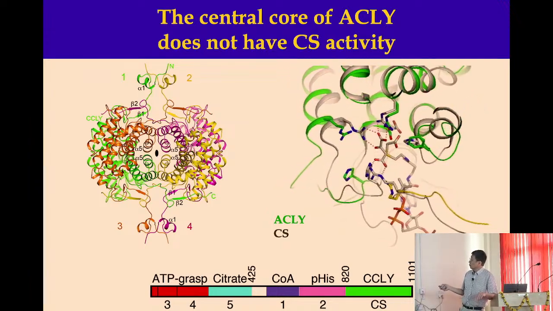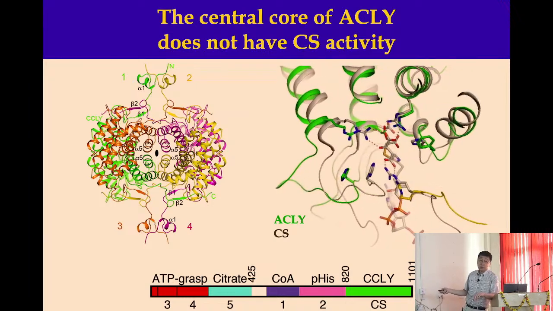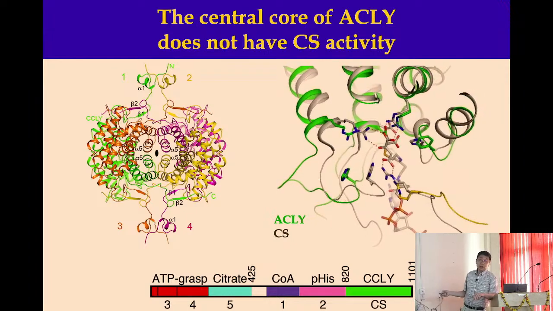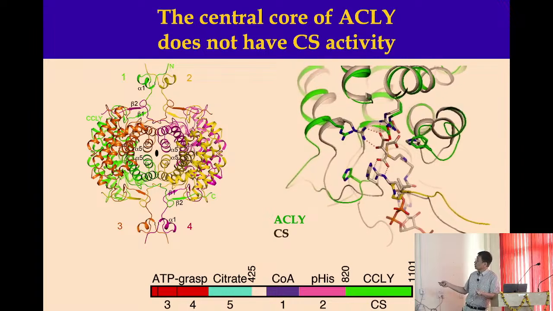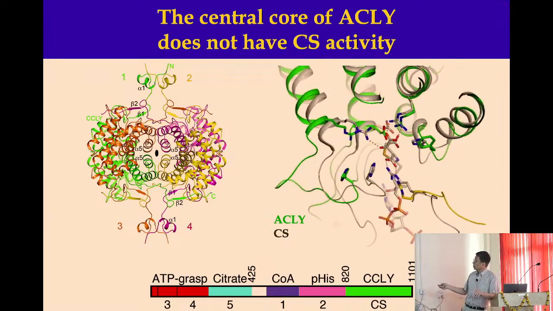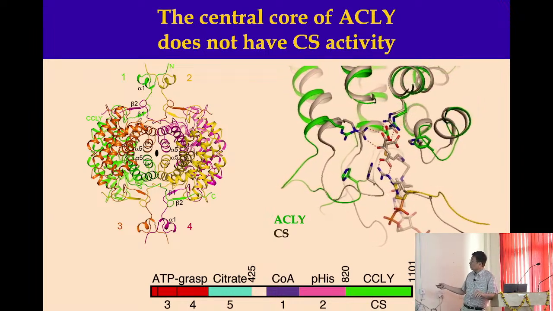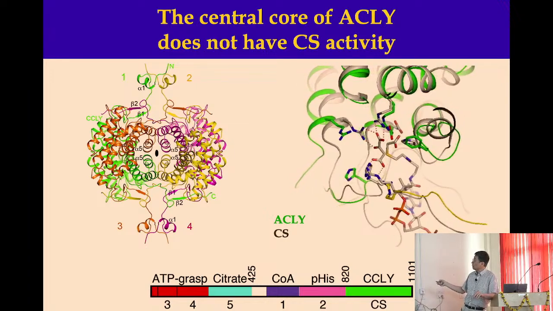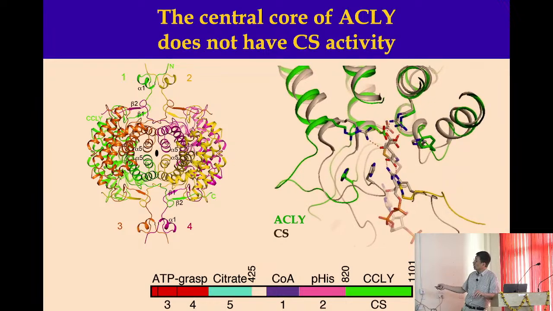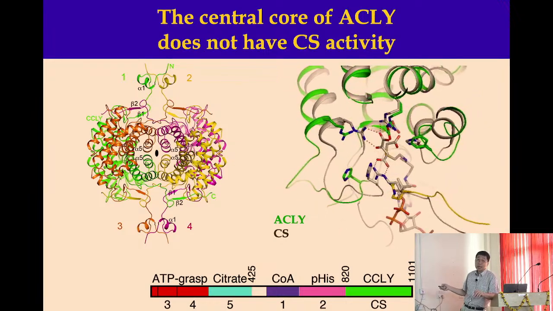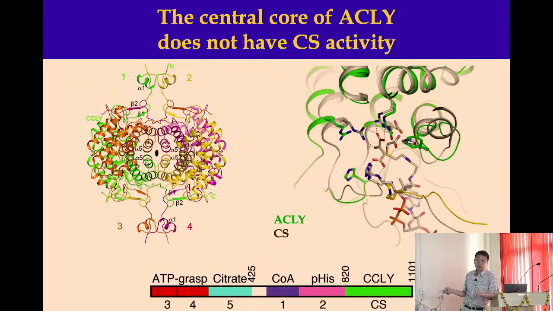But when we compare our structure of ACLY against citrate synthase, remember this domain has sequence homology to citrate synthase. So we align the structure of citrate synthase with our structure, citrate synthase in gray here. Everything aligns quite well, except this histidine right here in citrate synthase in gray, replaced by phenylalanine in ACLY.